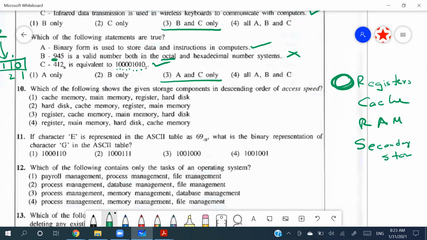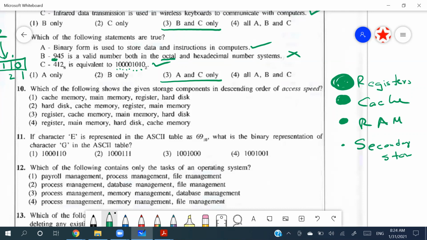So when you are coming down, it is getting lower. Since they are asking about descending order, registers should be at the beginning.